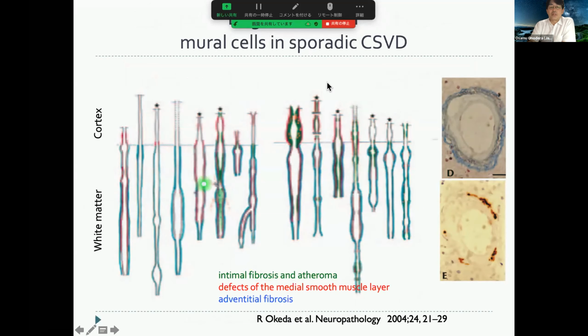This figure is obtained from Professor Okeda. He looked at each small vessel from the cortex and the white matter, and he found that even in sporadic type CSVD, the vessel wall cells are degenerated and the diameter is dilated and not occlusive.